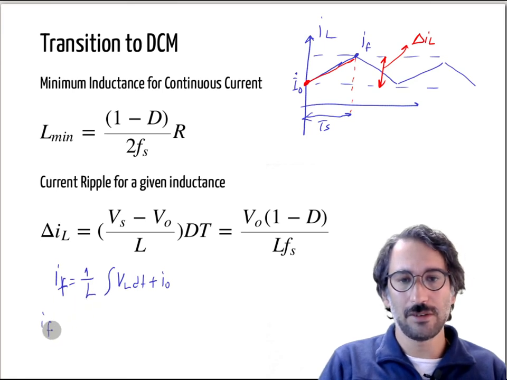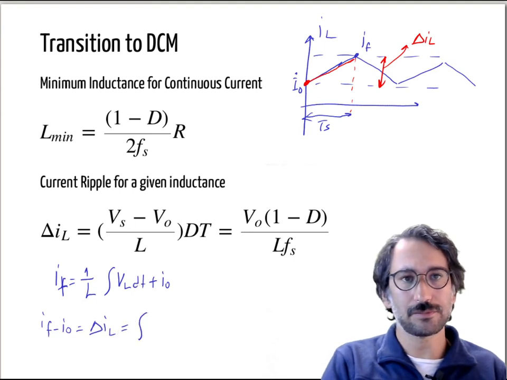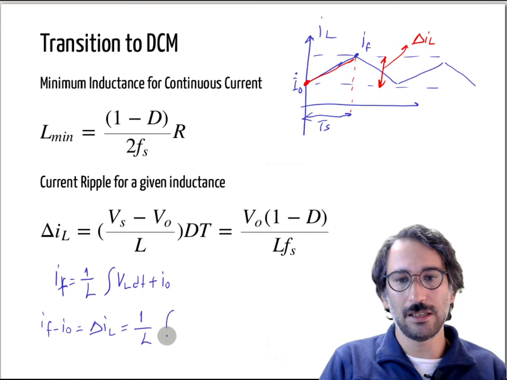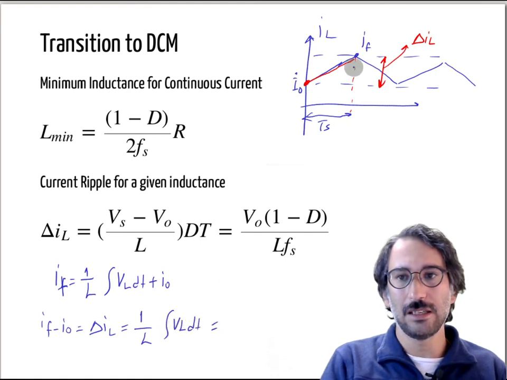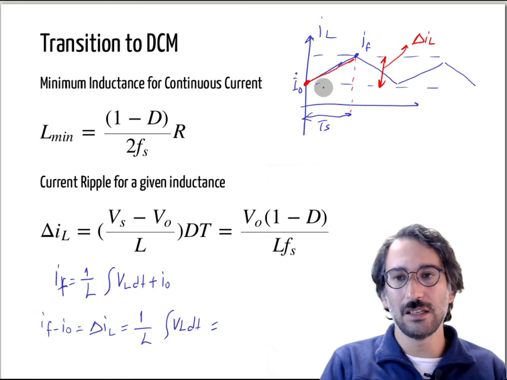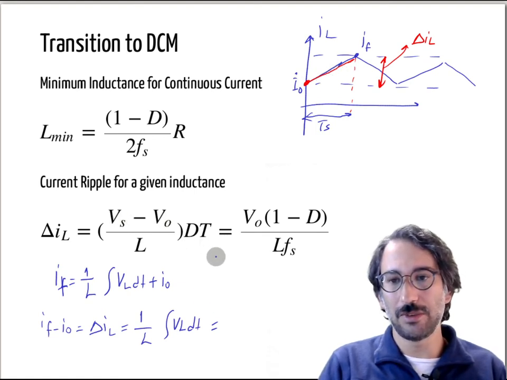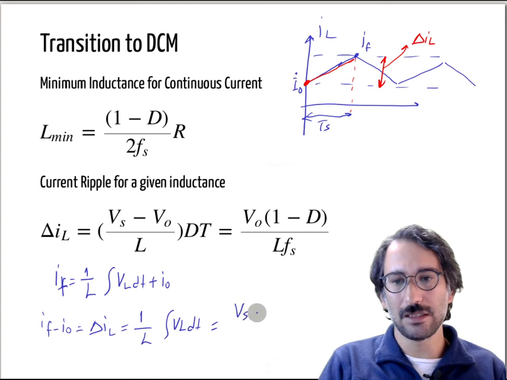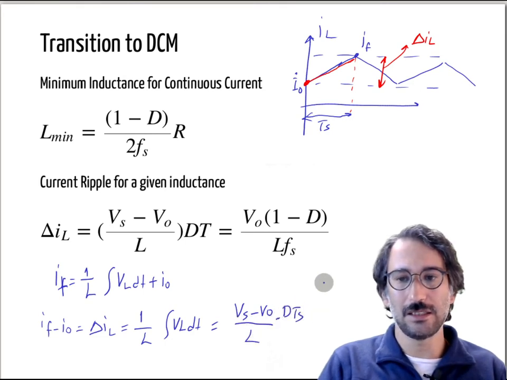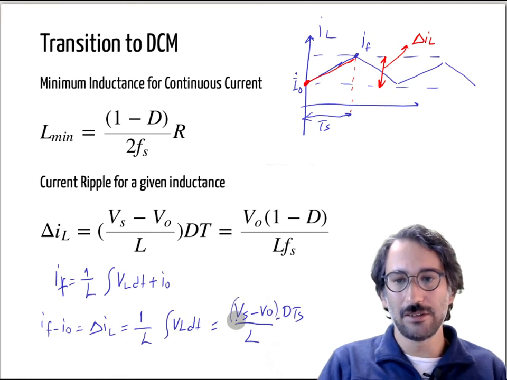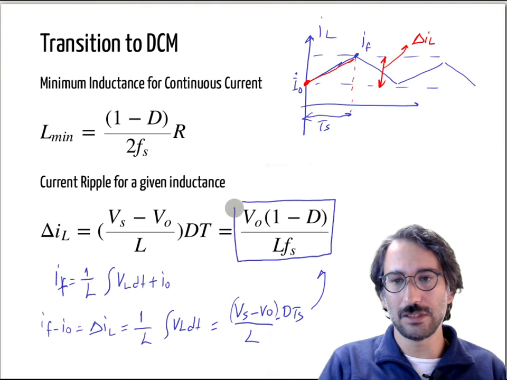So IF minus I0, which is equal to delta IL, is equal to 1 over L integral of VL dt. And during that on transition, remember it was Vs minus Vo, the inductor voltage, or Vd, divided by L, and it is constant, and it is dTs. Again, I can rewrite that equation, and instead of Ts, you can write 1 over Fs. So it is that equation.